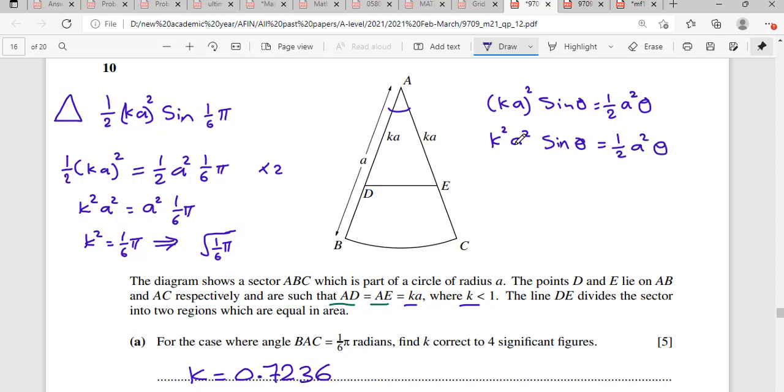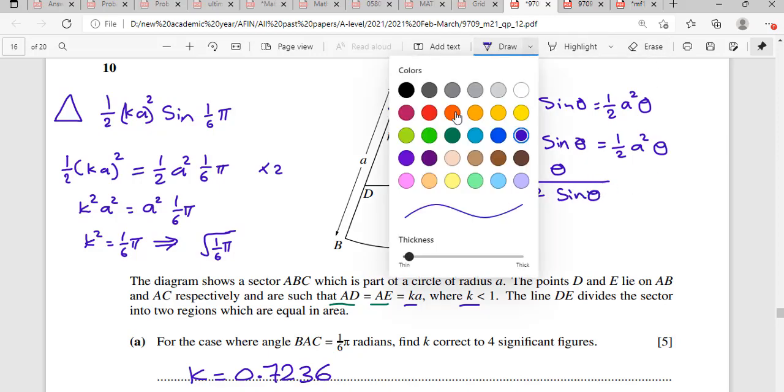Then a squared cancels a squared, k squared is equal to 1 over 2, and the 2 goes down, a squared here, now a is removed, theta over sine theta.